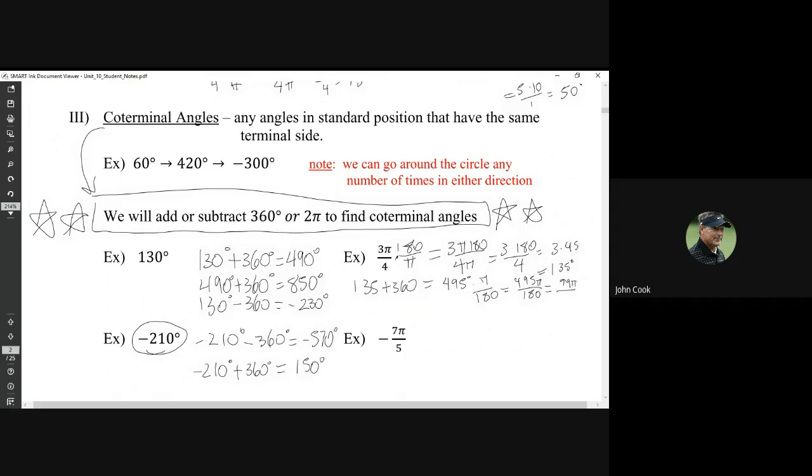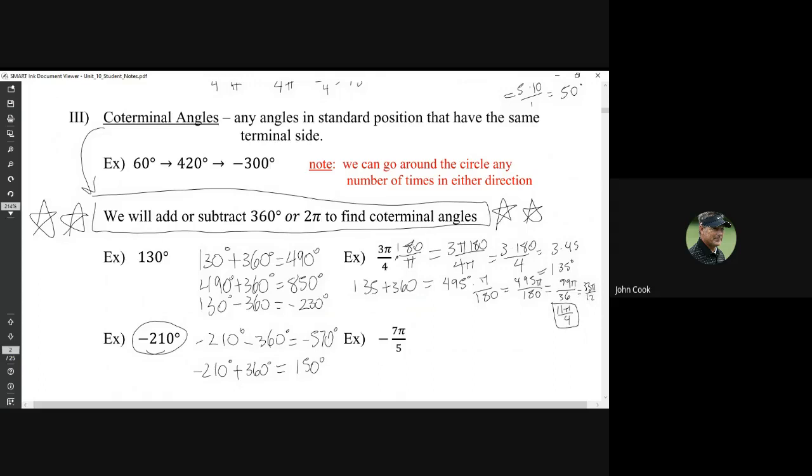So 99 pi, and then 180 divided by 5, see, it's short of 200 by 20, so 36. And then both of these are divisible by 3, so that'd be 33 pi over 12. And those are both divisible by 3, so that's going to be 11 pi over 4. So 11 pi over 4 is going to be our answer for this one as a coterminal angle.